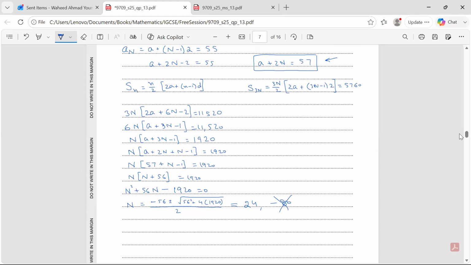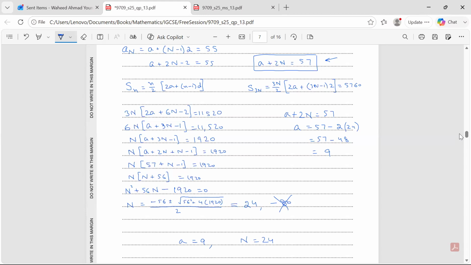So remember that we know that a plus 2N was 57. So from here, a is equal to 57 minus 2 into N. Now, N is 24. So it is 57 minus 48, which is 9. So I have a equals 9 and N equals 24.